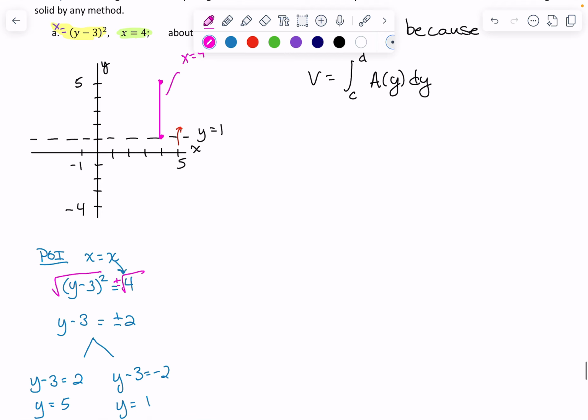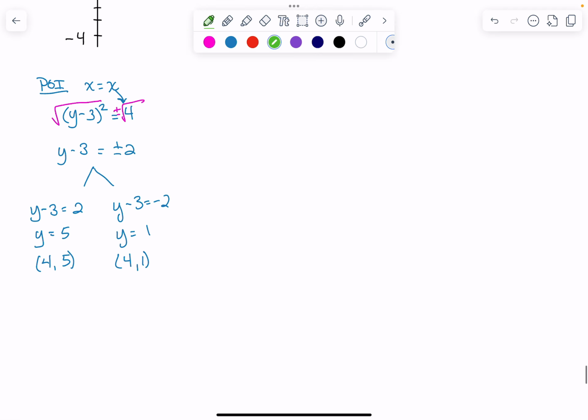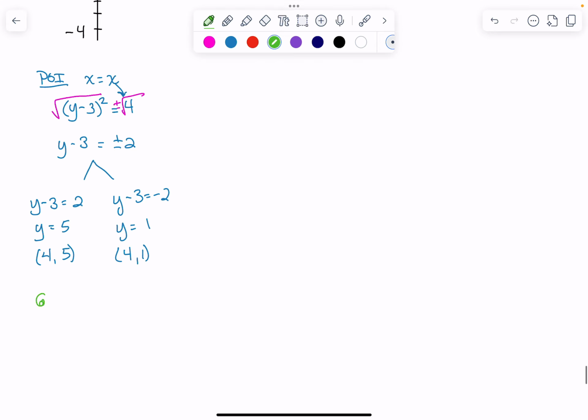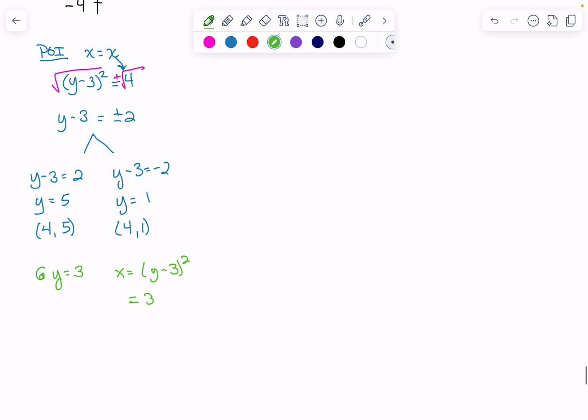If I think about my parabola, I'm going to find one more point in the middle. Actually, let's do it at y equals 3. Let's pick the right direction. At y equals 3, I'm splitting right between the 1 and the 5. I get an x equal to (3 minus 3) squared, so I get a 0.